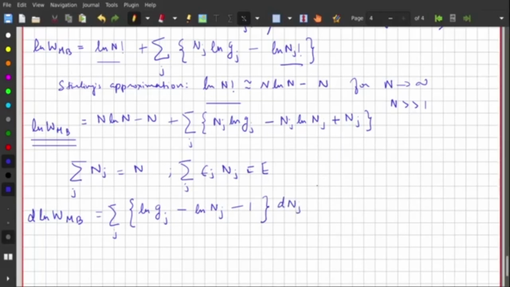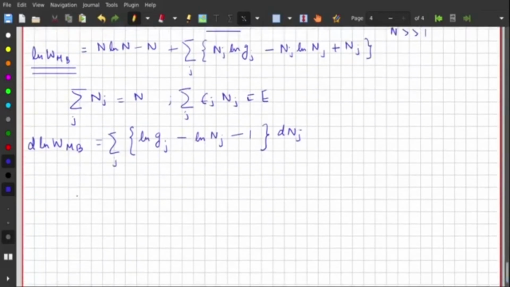Okay, where we recall, if we differentiate the constraints themselves, this will become sum over j dnj equals 0, and sum over j epsilon j dnj equals 0.